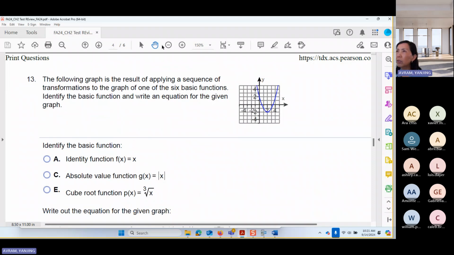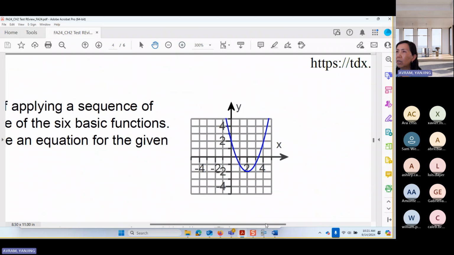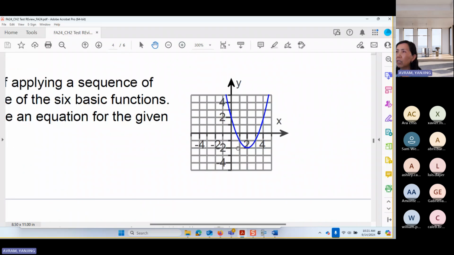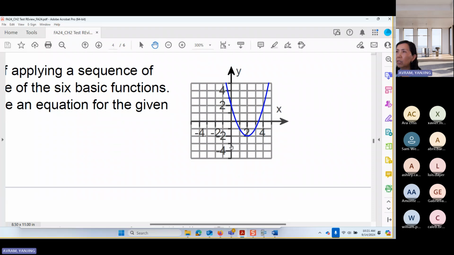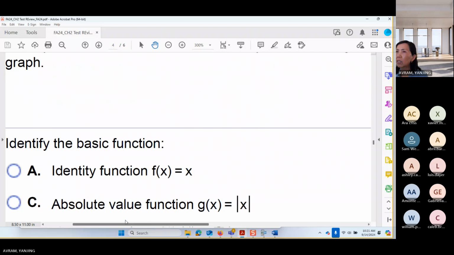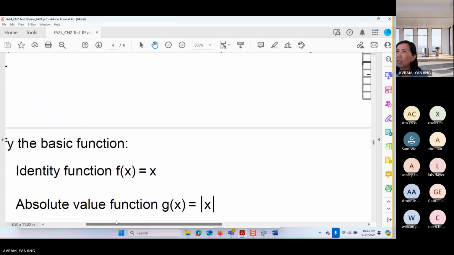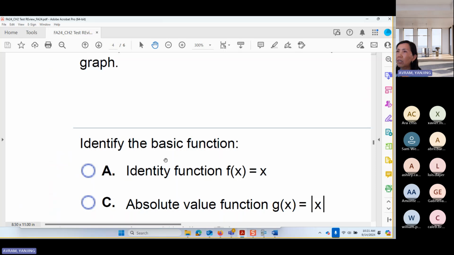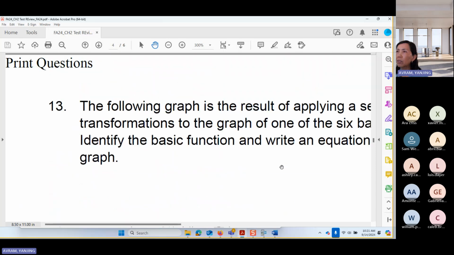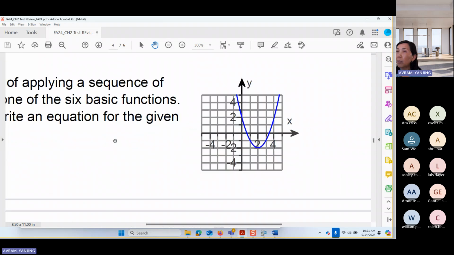Identify this one right here. So if you look at this one, let's make it a little bit bigger. All right, so how does this one look to you? Does this one look like the absolute value of x? Identify the basic function, one of the 6 basic functions.